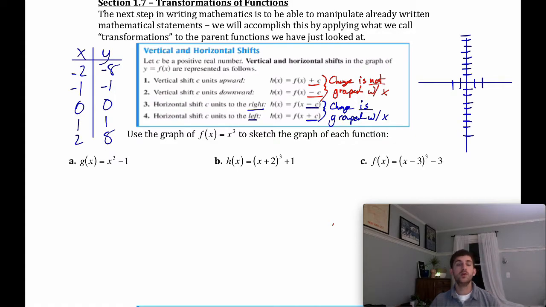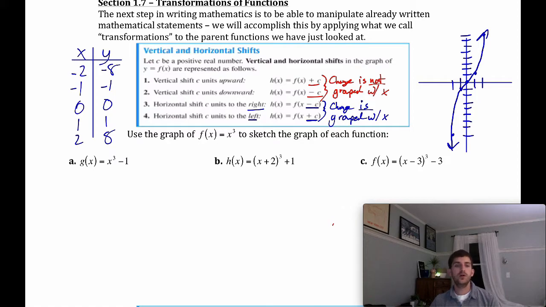If we plot these points, -2, -8 is about there, -1, -1, 0, 0, 1, 1, and 2, 8. So it's got that classic S curve going on there. It looks a little something like that.